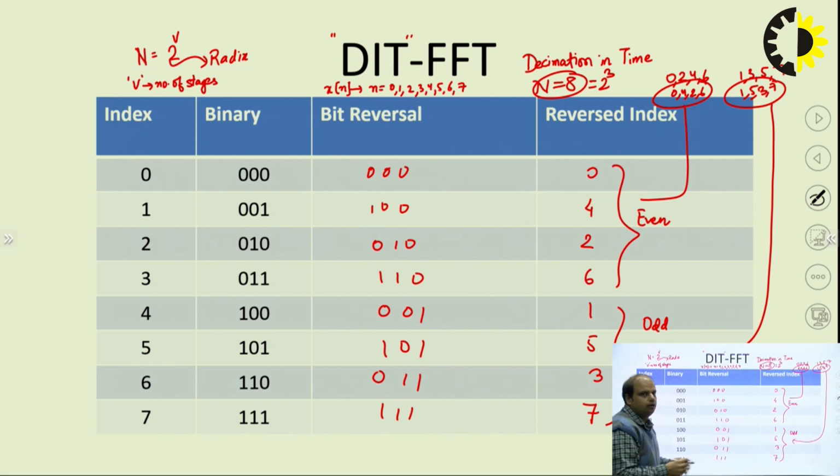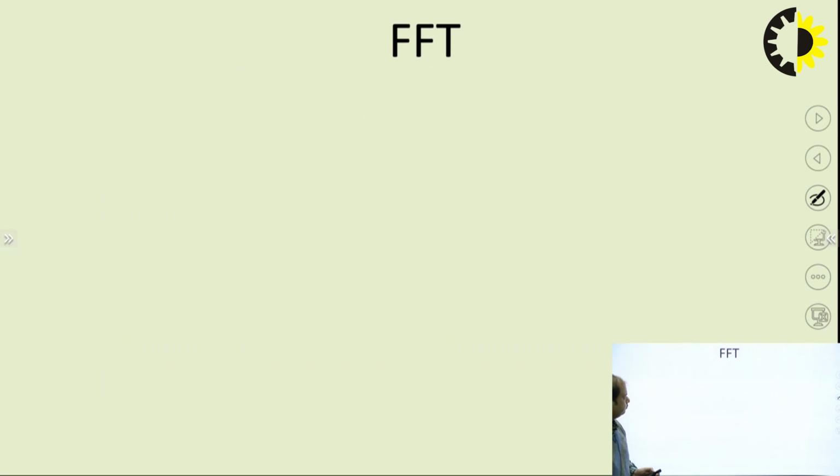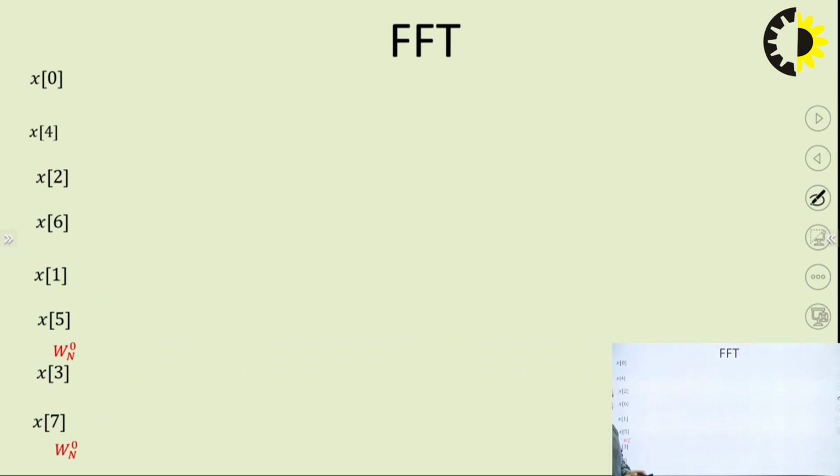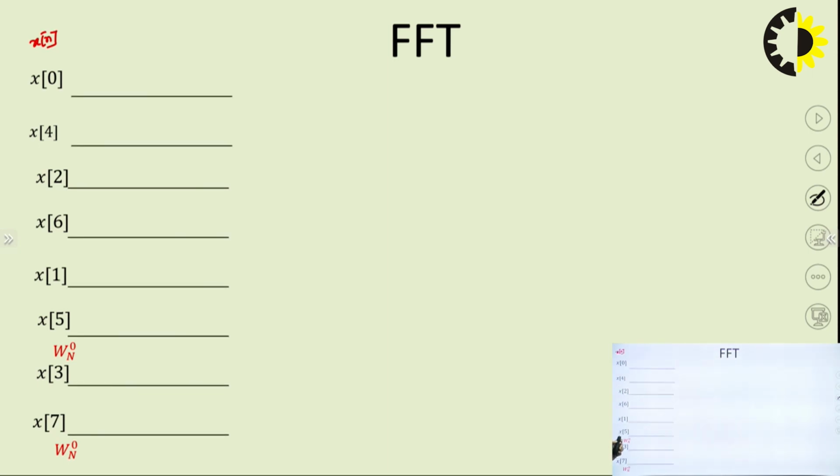Then we can compute the DFT using the butterfly diagram. The construction is something like this. First of all, since it is decimation in time, the x of n time indices are 0, 4, 2, 6. We'll just shuffle the values of x, and we'll see this in an example also. Then the computation is that one stage will be like this.